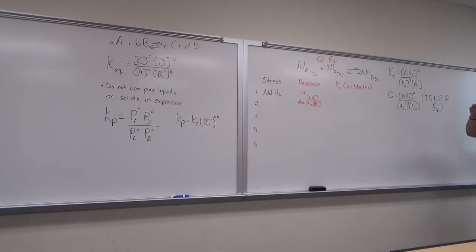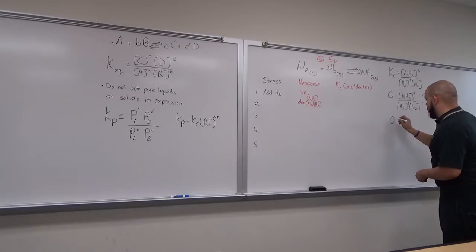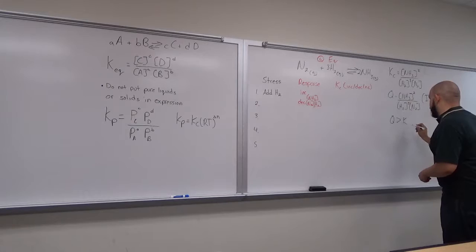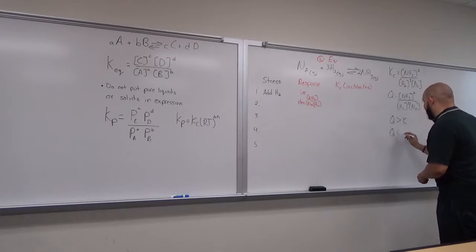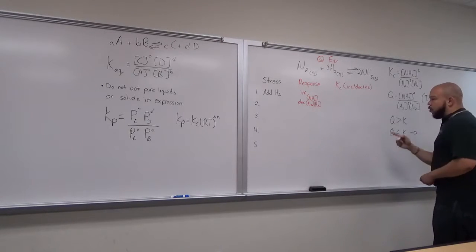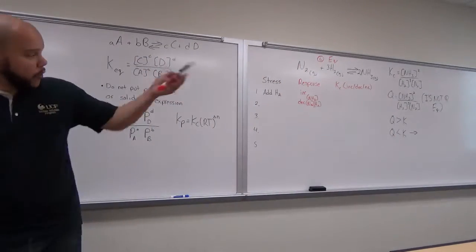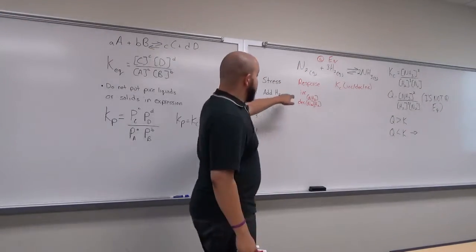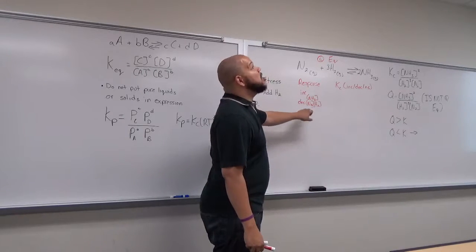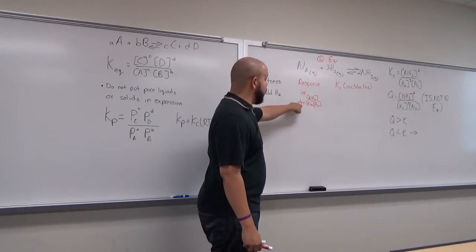Numerator, denominator. But it's very important to think about Q, because when Q is greater than K, something happens, and when Q is less than K, something happens, and we're going to see what happens here. We already showed what happens. The response to re-achieve equilibrium is an increase and decrease of these two.